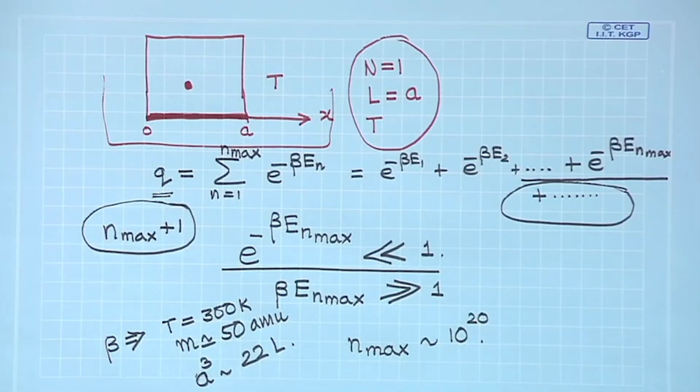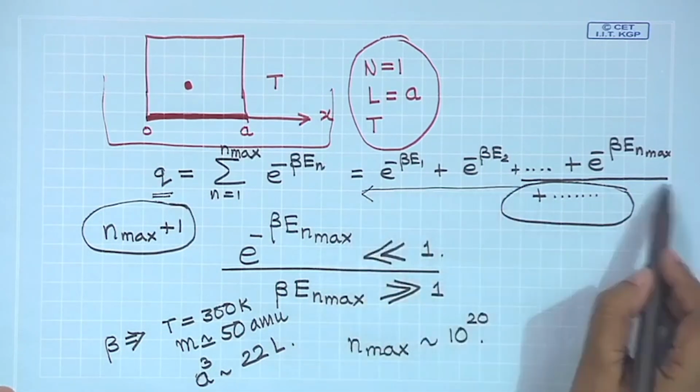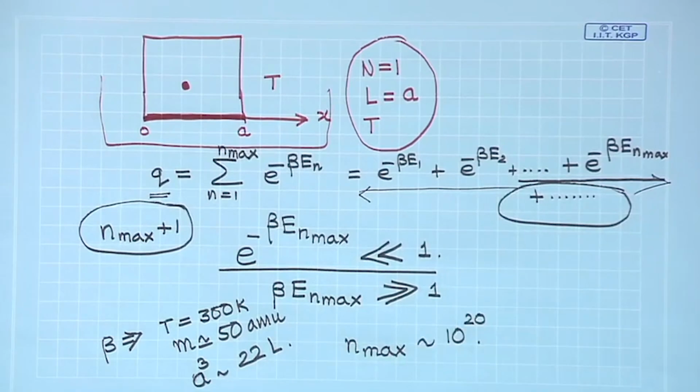So, of course, there is a very large number of terms that I would need to add in order to evaluate this infinite series summation. Of course, I am not going to do it.